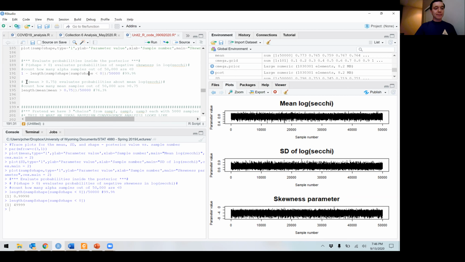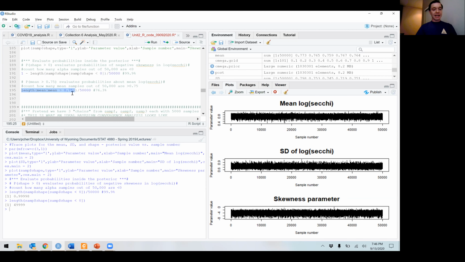What if for some reason a log Secchi of 0.75 was important? Could I not find the probability of having a mean log Secchi greater than 0.75? I could. I just simply count. How many times do I observe a mean? Remember, I get a distribution of my mean now. This mean is a combination of all 3 parameters.